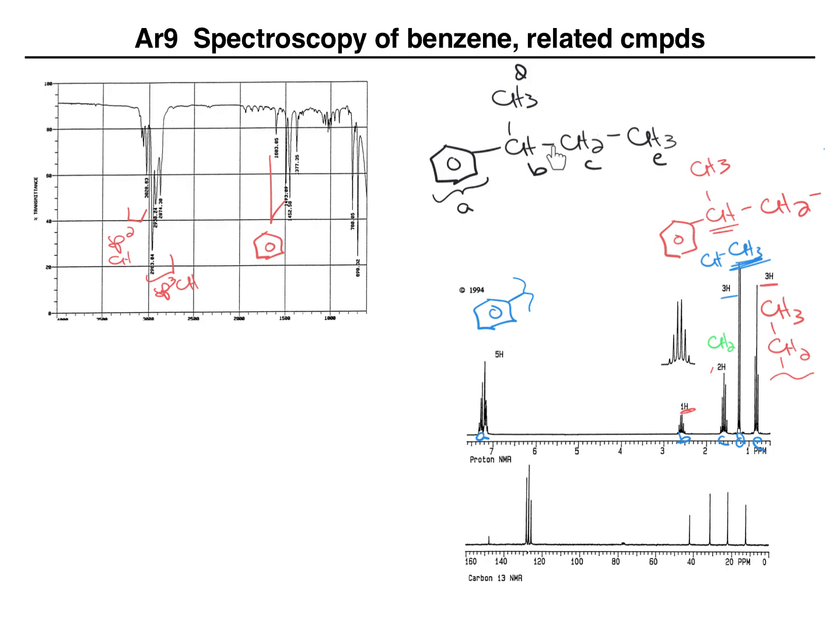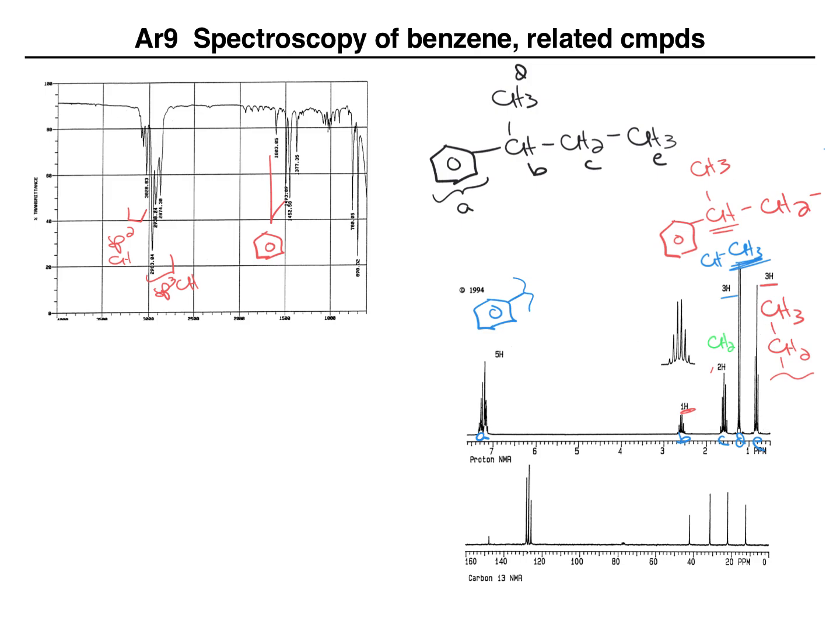C should integrate to 2 hydrogens, and we have 4 neighbors, so we would expect a pentet, and it's probably just a little bit higher than 1, and that's exactly what we have. D would integrate to 3 hydrogens, and it should be a doublet split by 1 neighbor. That's what we have. And finally, E should integrate to 3 hydrogens. It should be split into a triplet, and it should absorb around 1, and that's what we have.